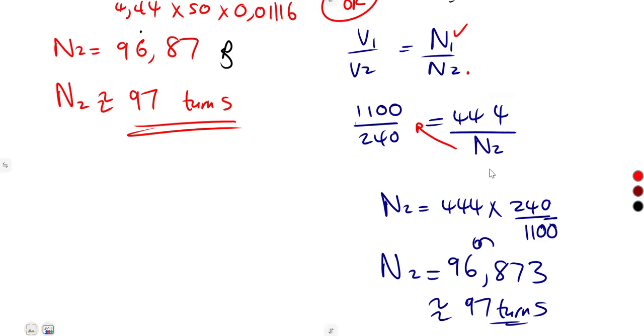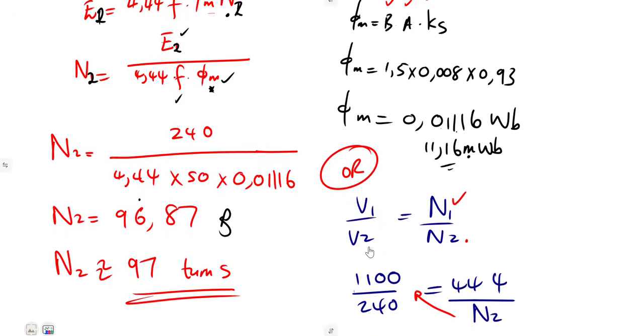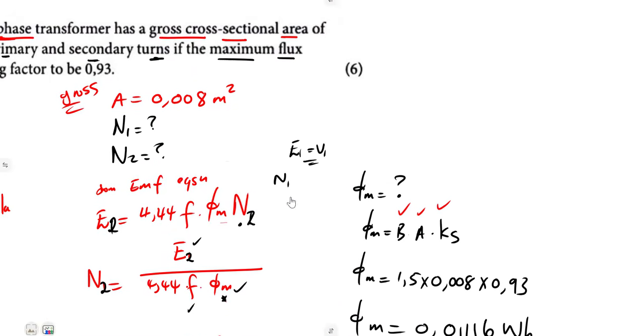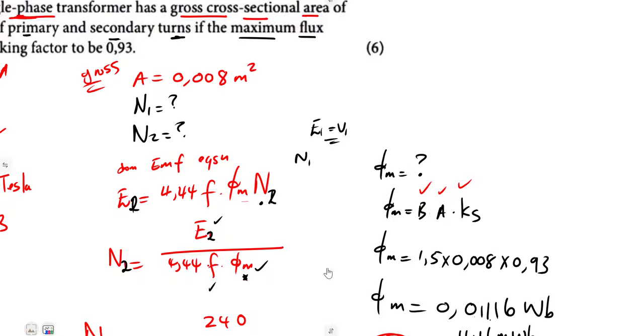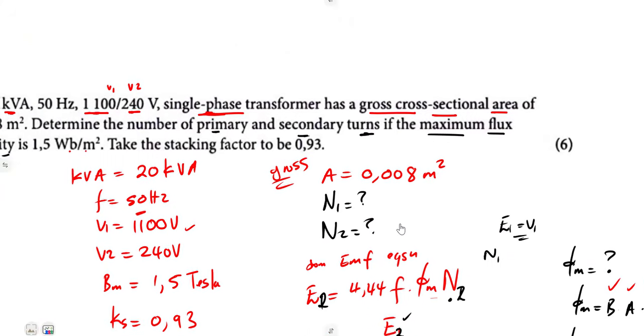So that is how you'll be given these questions, guys. Just use the formulas directly, understand your formulas, and learn to mix up the formulas from one formula to another.